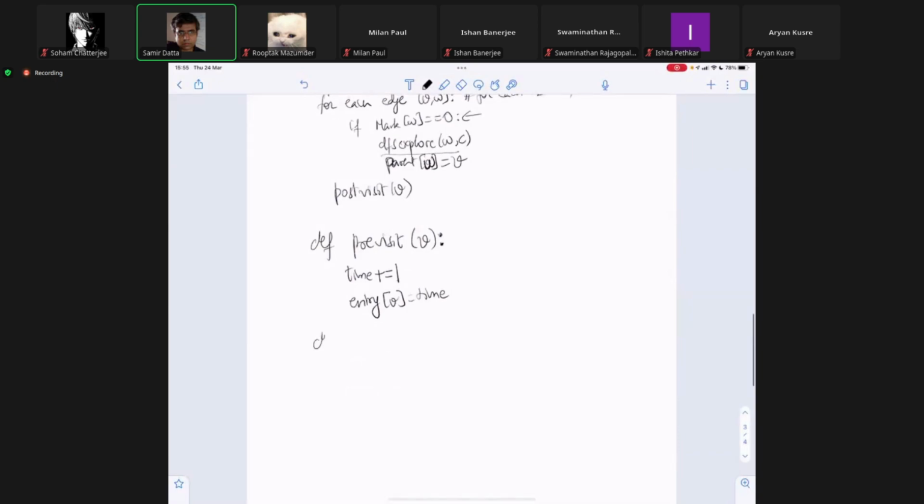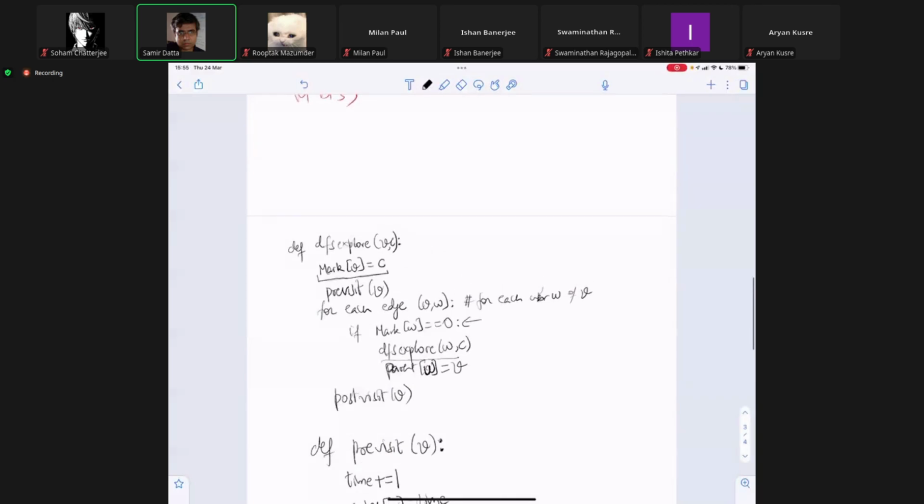And post-visit is similar. Time plus equal to 1, exit V is equal to time. Correct? So what does this do?